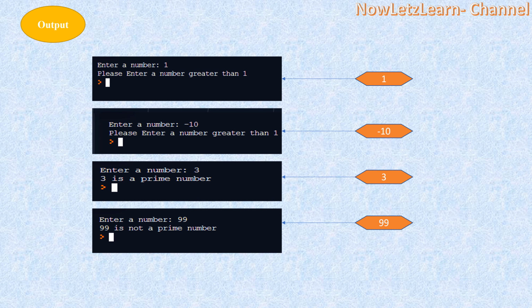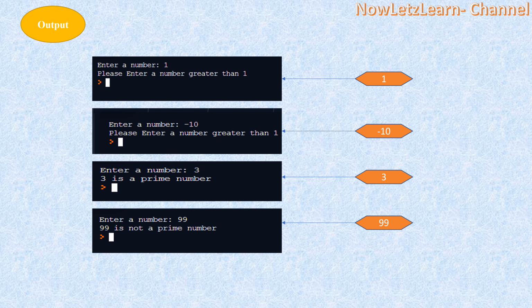So let's see some of the outputs for various inputs given by the user. If the user gives an input of 1, the program will say please enter a number greater than 1. If the user gives -10, the program will again say please enter a number greater than 1, because a negative number is not acceptable.